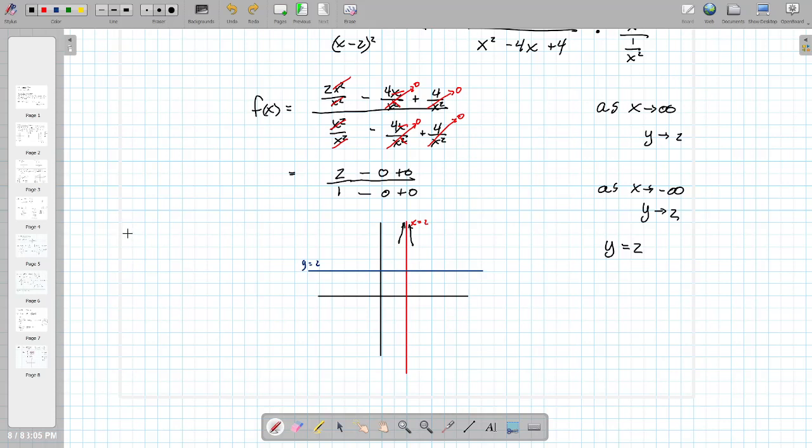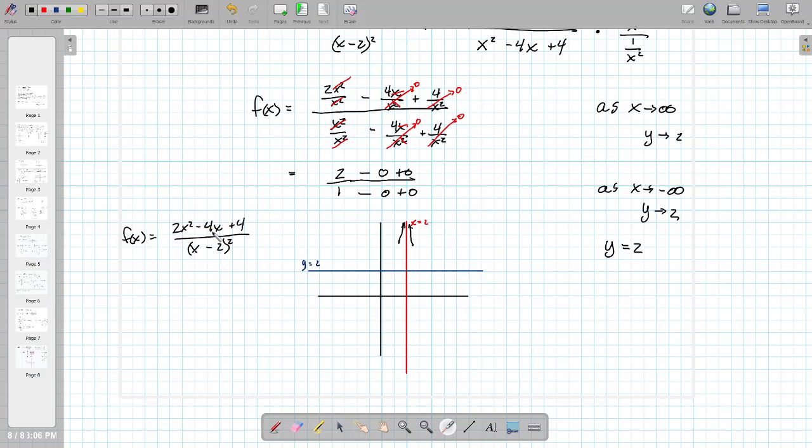So we go back to our function, f of x is equal to 2x squared minus 4x plus 4 divided by x minus 2 quantity squared. You could use the multiplied out version if you want to. We're going to end up multiplying it out again, so I would recommend using the multiplied out version for this particular process. If we plug in an x, this entire thing represents our y.